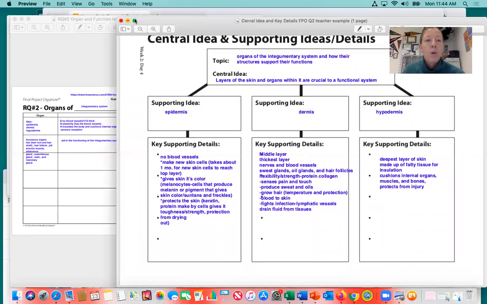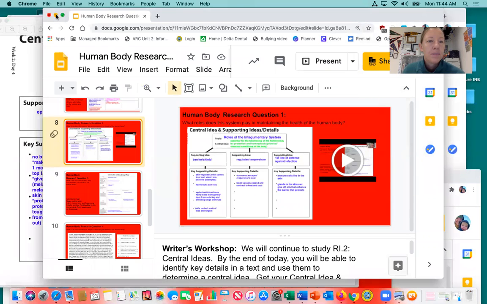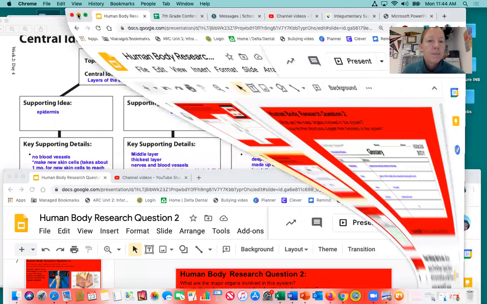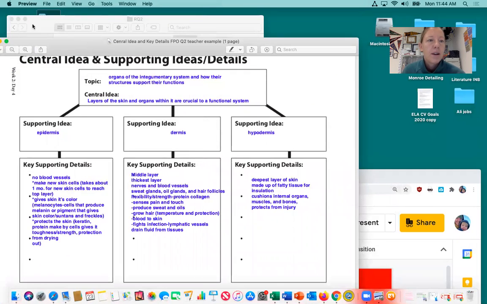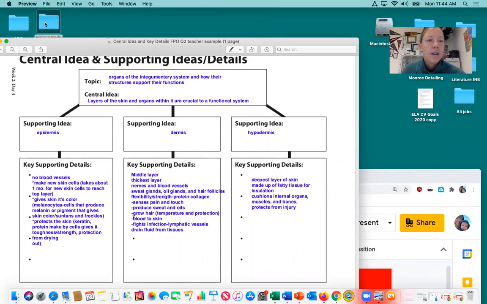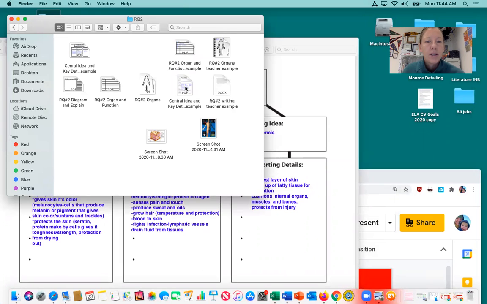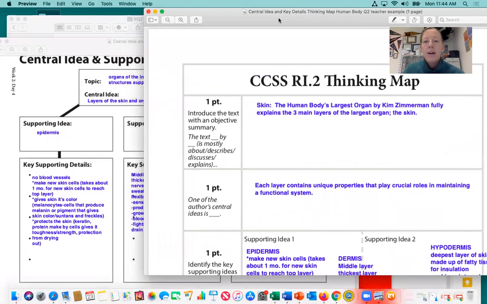All right, so once I filled this out, I was then able to take the next sheet, our thinking map, to help guide my response.